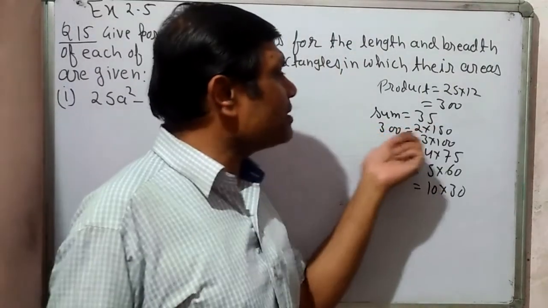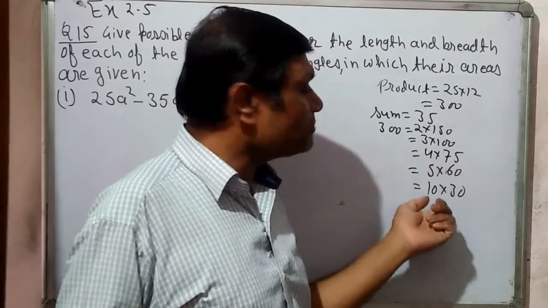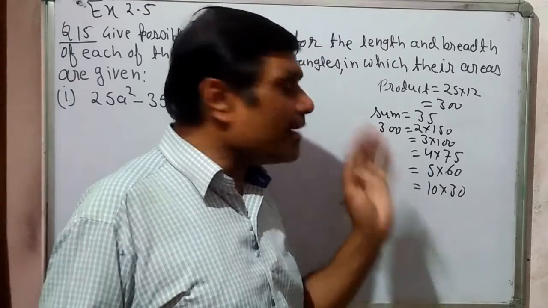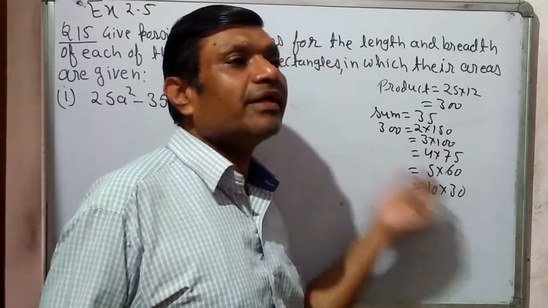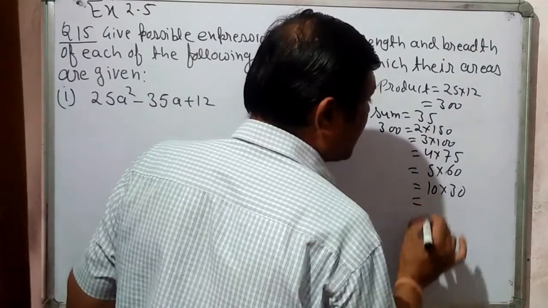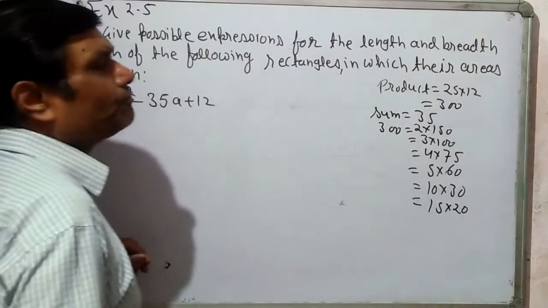Here the sums are 152, 103, 79, 65. With 10 it becomes 40. That means the number should be a little more than 10. After that, we have another pair, 15 multiplied by 20 is 300.